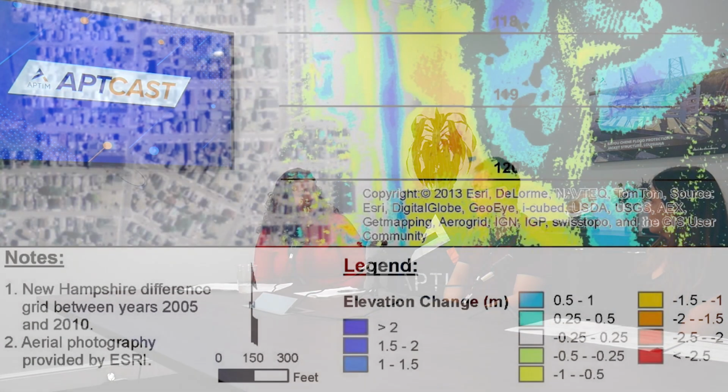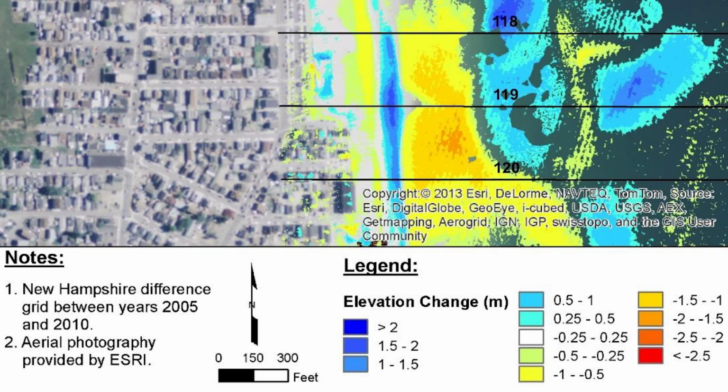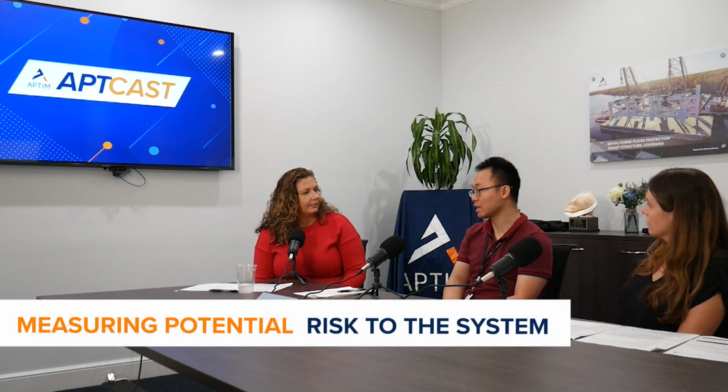But can I say that since I have a higher dune, New York's resilience is higher than Florida's? The answer is probably no, because when we're talking about the health of the dune system, it's not only about the dune system, it's about the damage or the potential risk to the system. Briefly, that's the storm surge levels and the waves.